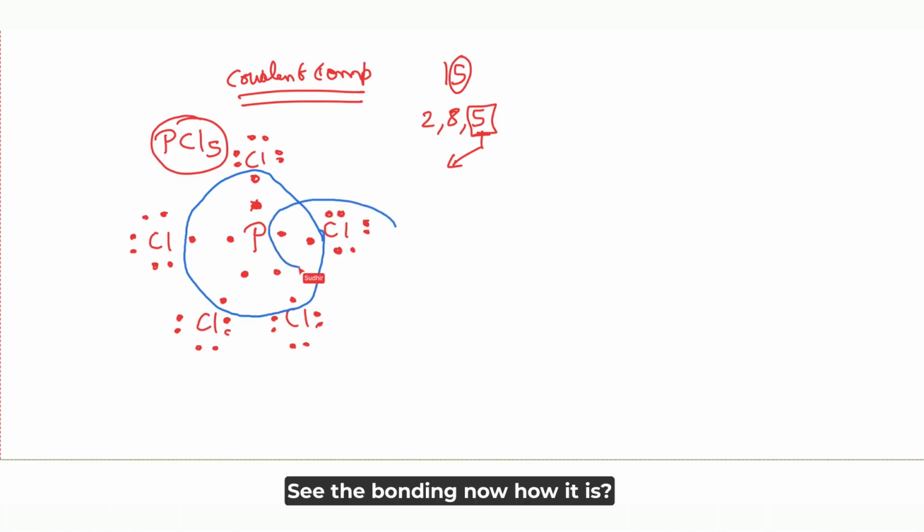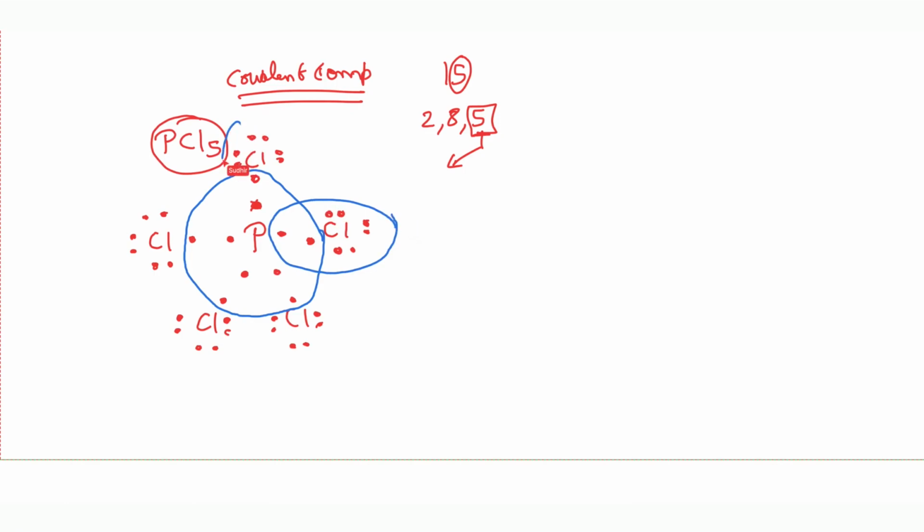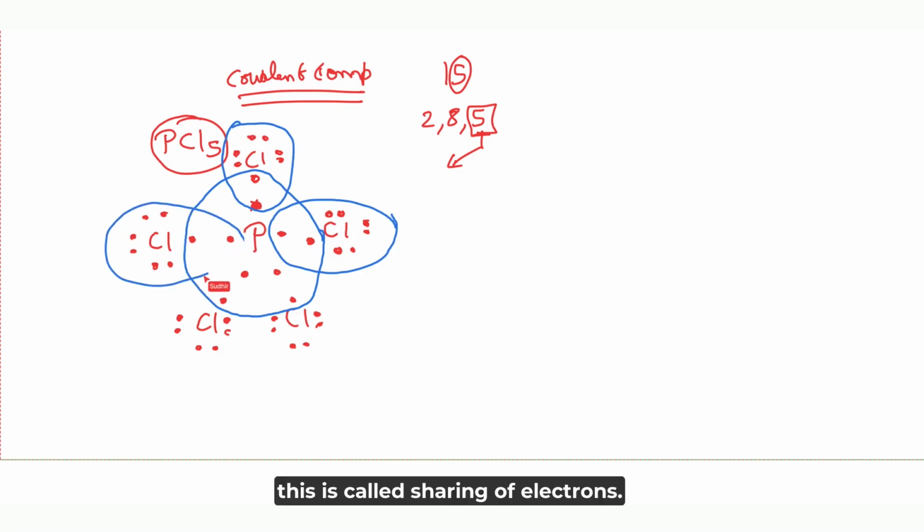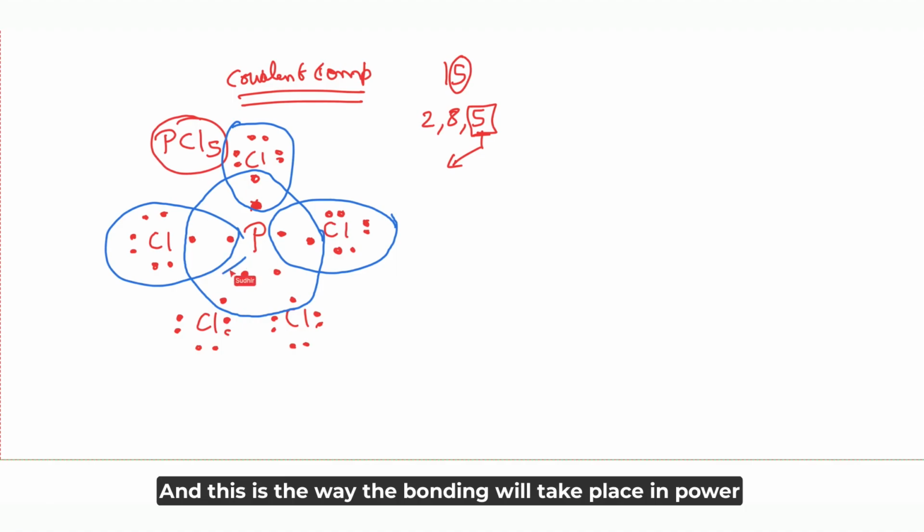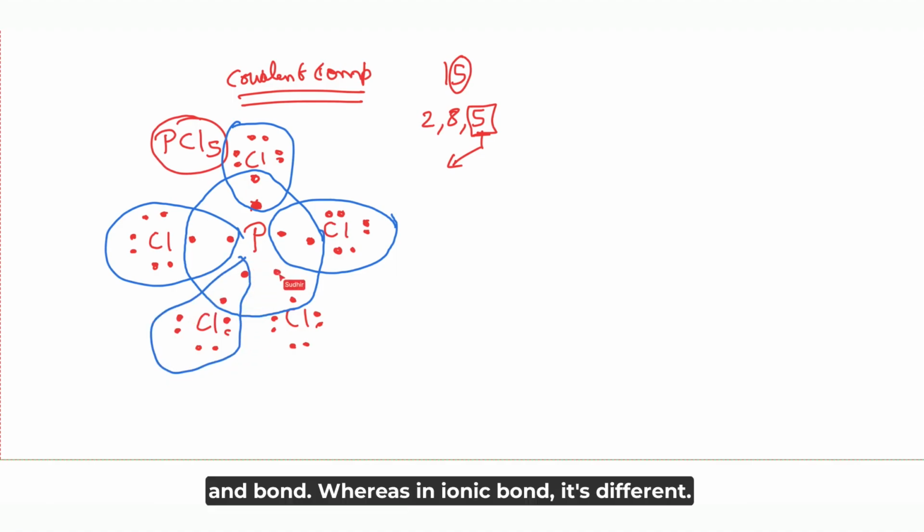Based on this, you can bond it now. This is called sharing of electrons, and this is the way bonding takes place in a covalent bond. Whereas in an ionic bond, it's different. Let's see how the ionic bond forms.